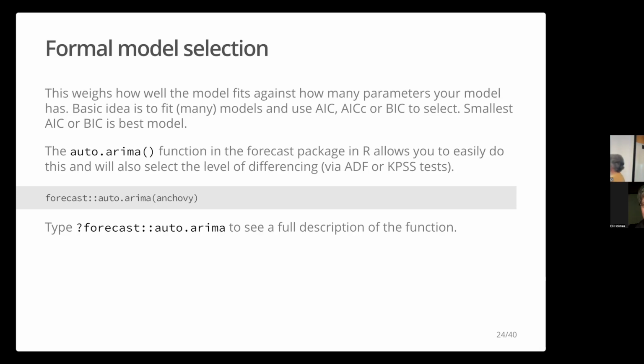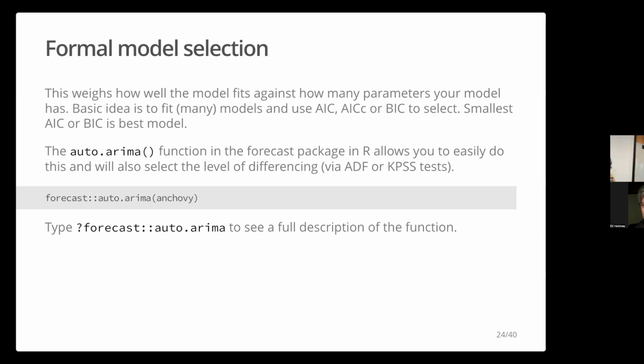These model selection criteria are weighing how well a model fits the data, and then penalizing for how many parameters you're estimating. If you estimate a whole bunch of parameters, you can fit the data really well, but you should penalize yourself because you had so many parameters. And that's what these are doing. And auto.arima is doing all this for you.